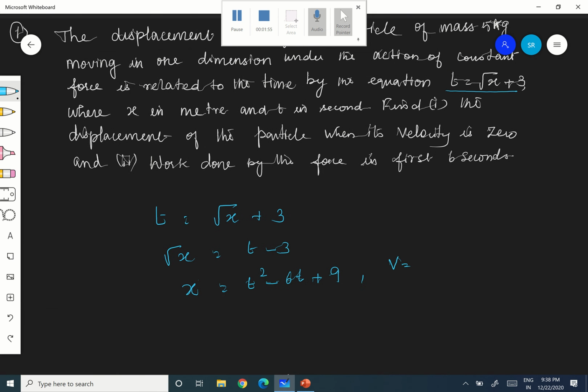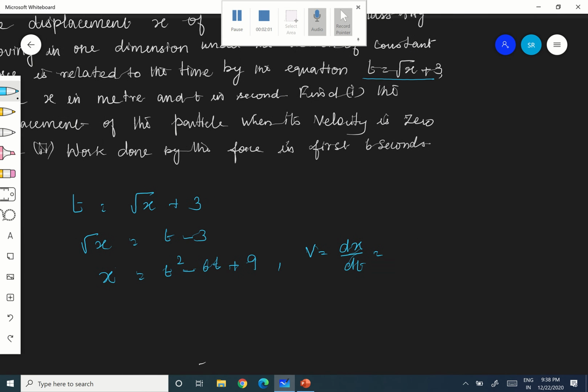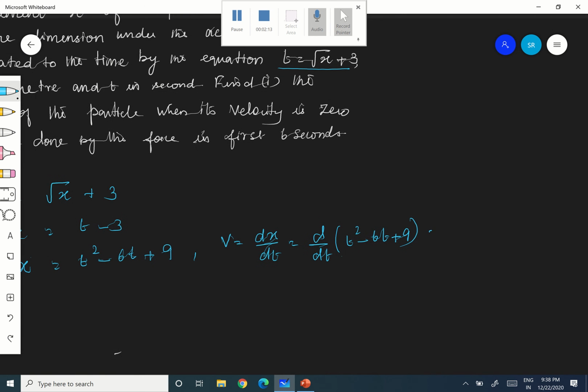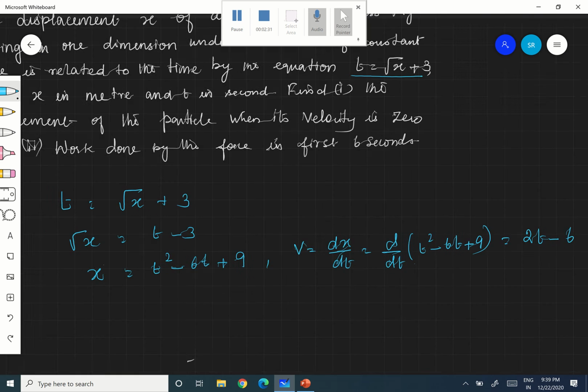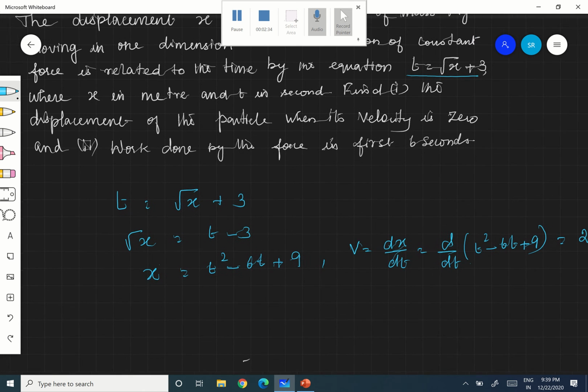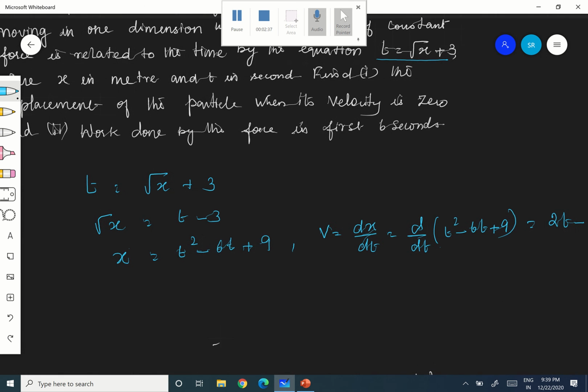Velocity v = dx/dt. Differentiating x = t² - 6t + 9, t² gives 2t, 6t gives 6, and 9 is a constant, so v = 2t - 6. We are asked for the displacement when the velocity is 0.